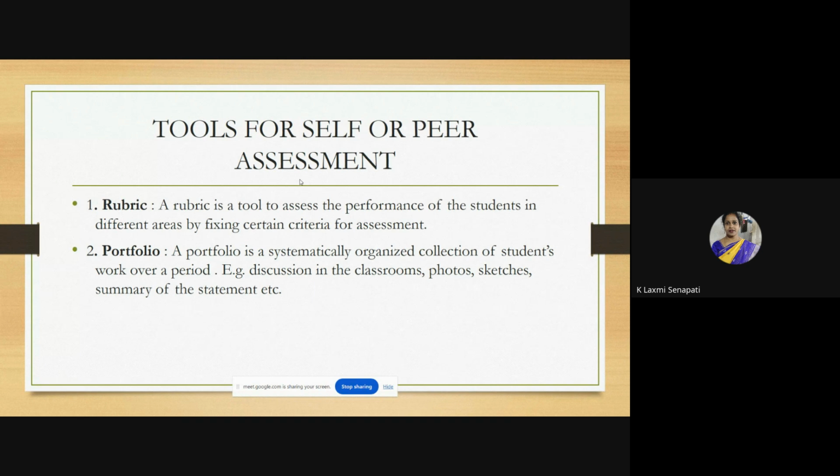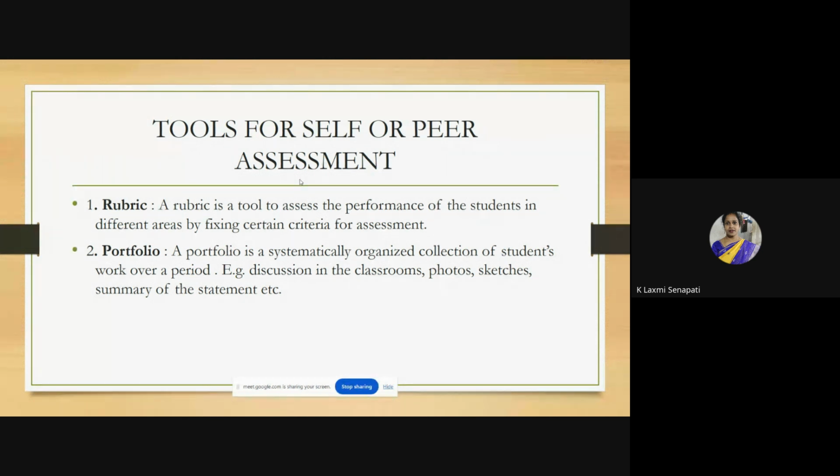Everywhere we are observing the behavior of the students, their attitude in the classroom, their interest and attitude towards reading, and also outside of the classroom with their friend circle.